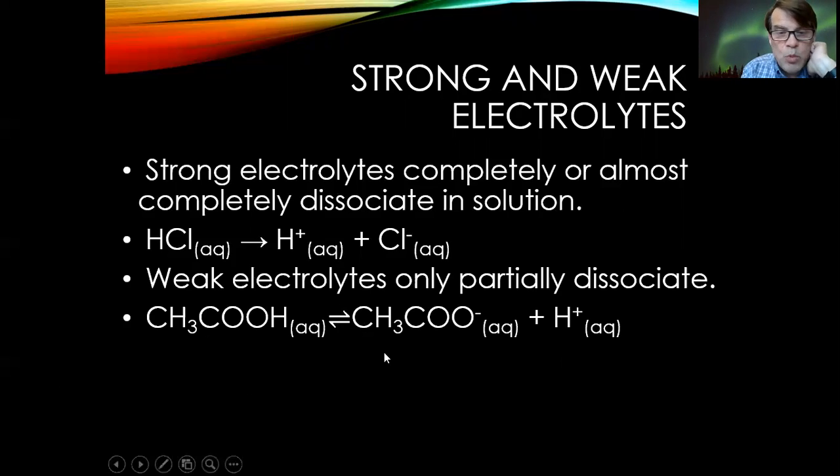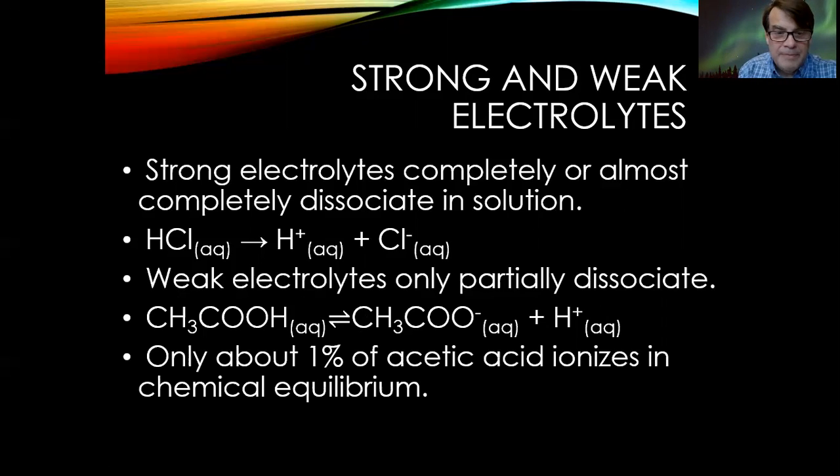So this is a weak electrolyte. Because it's acidic, it does dissociate a little bit in water, although this is a molecular compound. It tends to stay together. But there is a little bit of dissociation, and it goes back and forth. It's a weak electrolyte. Only about 1% of acetic acid will ionize in chemical equilibrium.